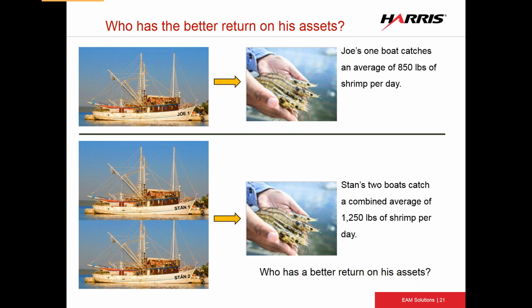You're producing a certain number of units, a certain number of widgets. So Joe's getting a better return on his investment because Stan is only getting 625 pounds of shrimp per day per boat. So that's not nearly what Joe's doing. So again, from a profitability standpoint, who knows? It depends on how much they sell their shrimp for and how they can pay off their investment.